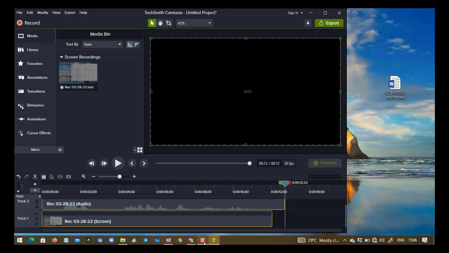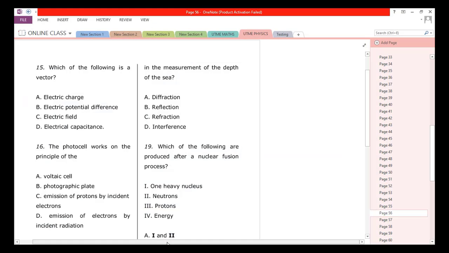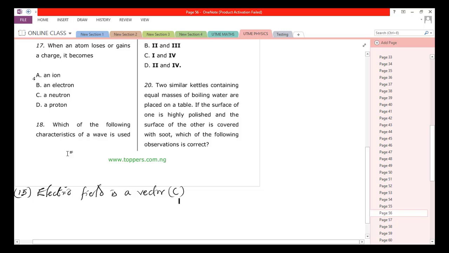Now let's go to number 16, which says that the photocell works on the principle of: the photovoltaic cell, photographic plate, emission of proton by incident electron, emission of electron by incident radiation. That is the right answer.